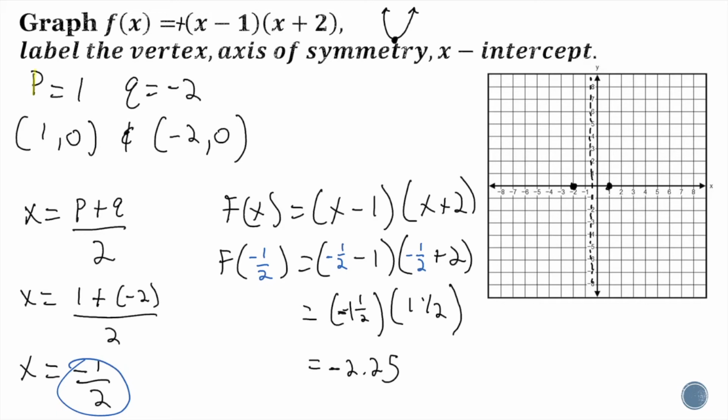So I am going to be just about there. And now I'm all set to graph. This is how you graph a quadratic equation in intercept form. Let's take a look at a few more examples.